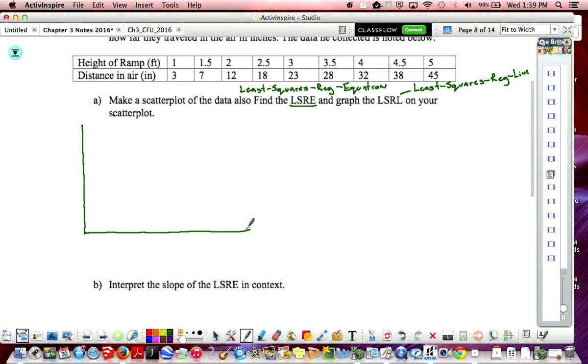My X is the height of the ramp, in feet, and Y is the distance in the air in inches.